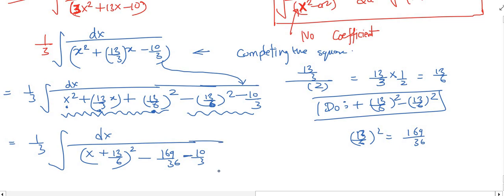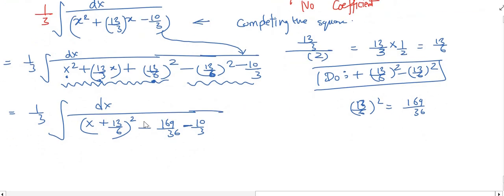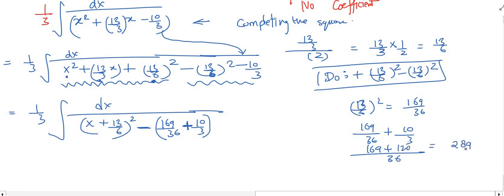Now to simplify it, what can we do? This minus I can take common, so this will become plus. So 169 by 36 plus 10 by 3, let me add with denominator 36: 169 plus 120. So it is 289 by 36, I think. Correct? Sum of these two.